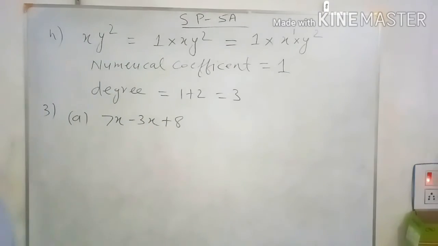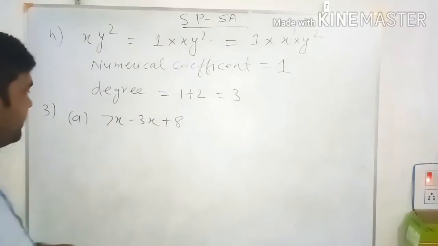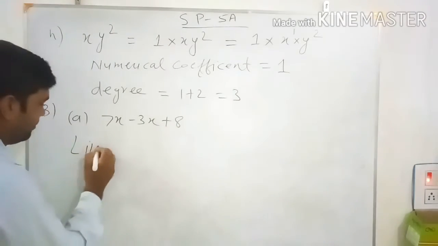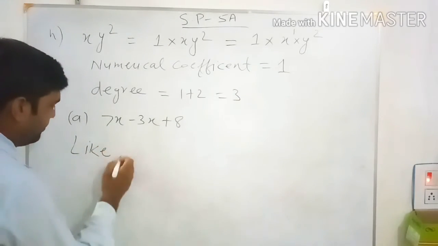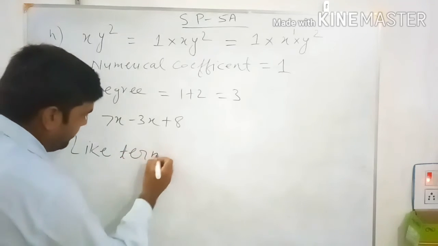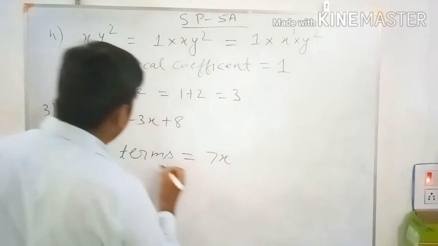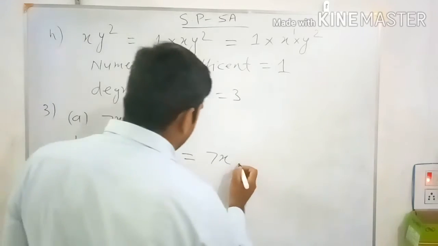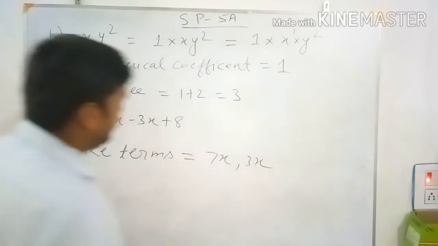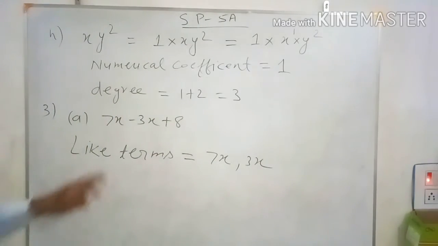The like terms are 7x and 3x. So these two terms are like terms.